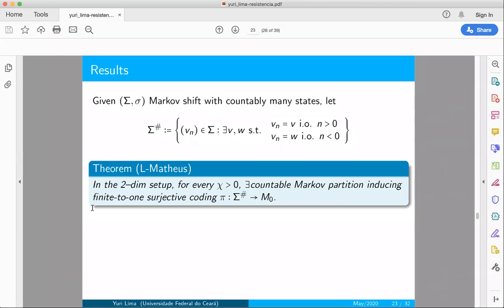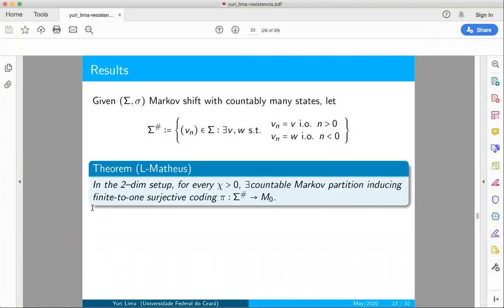It says that the sequence is recurrent if you have two symbols, v and w, such that this trajectory equals v infinitely often in the future, and equals w infinitely often in the past. So this is exactly the symbolic counterpart of that condition of recurrence that I mentioned two slides before.